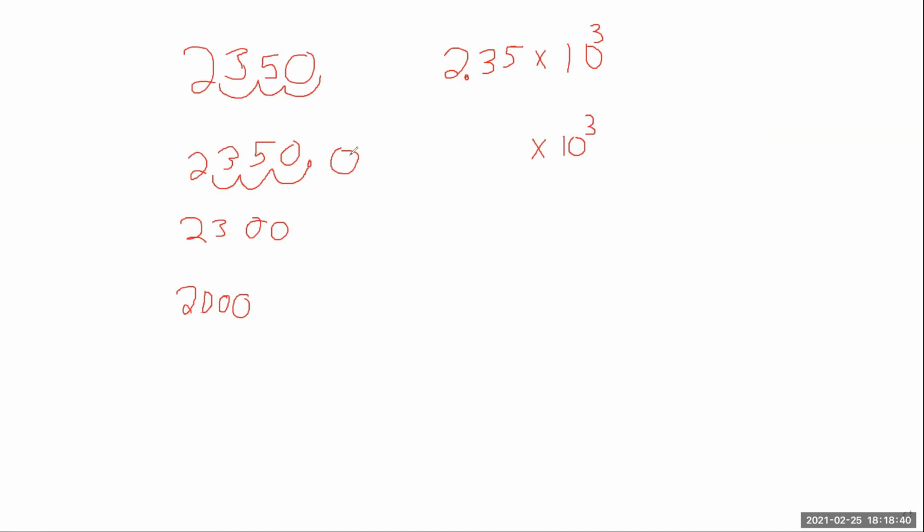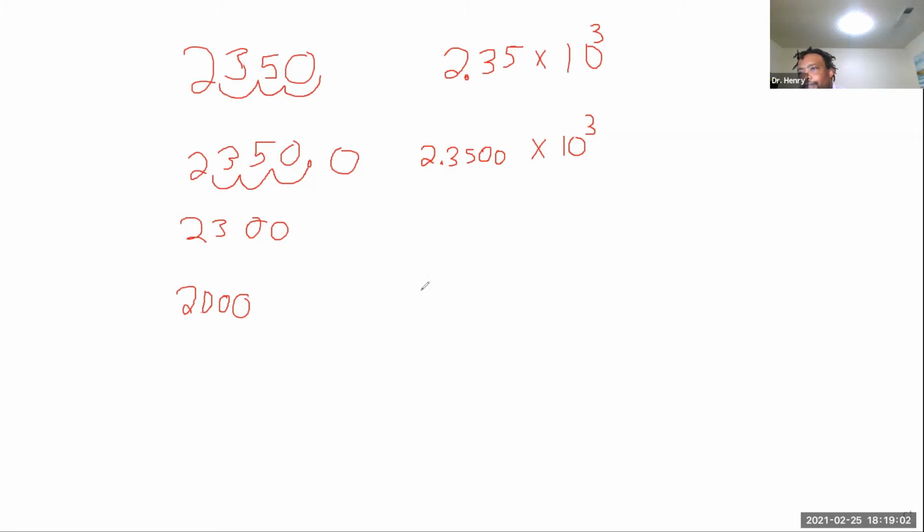Okay, so how many do you have here? We have 5. So we want to make sure to have 5 significant figures. So we'd have to write down 2.350 times 10 to the third. 5 significant figures.